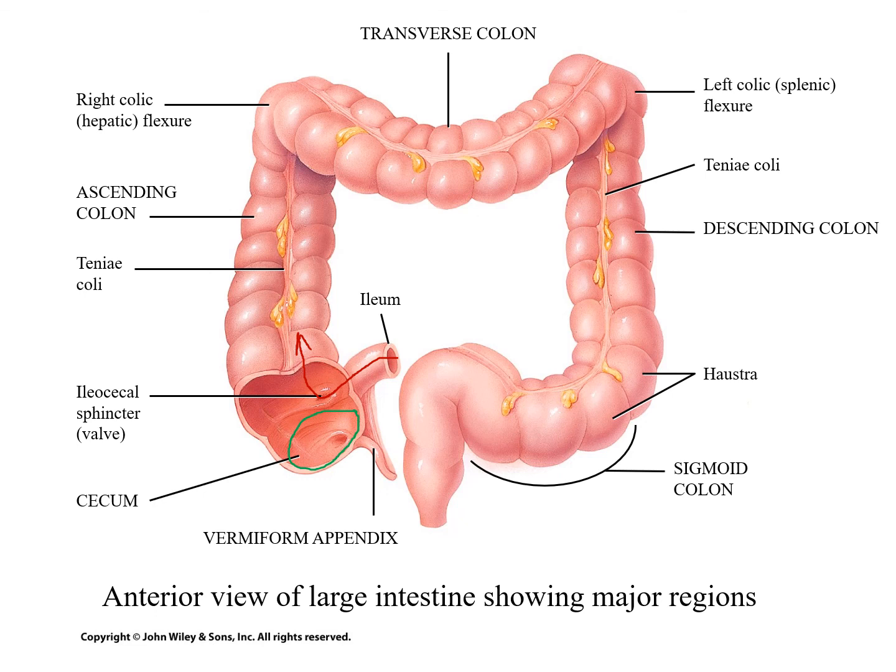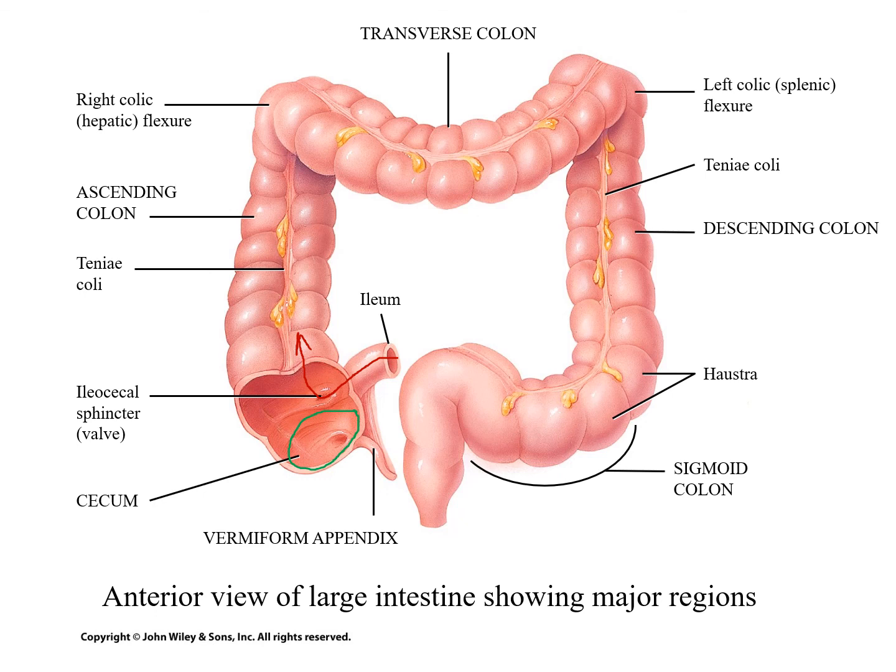If you've got diarrhea, it's because you're not reabsorbing that water. And in many parts of the world where diarrheal diseases are common, very, very rapid dehydration can be fatal in cases of bad diarrhea.